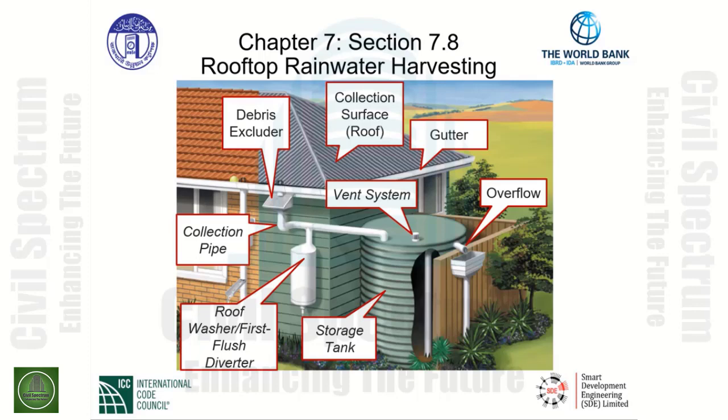Last, the overflow on the tank allows excessive rainwater to exit the tank in a controlled way. As indicated, the overflow goes into a catchment gutter and down to a downpipe and may enter a storm drainage system or the soil below.